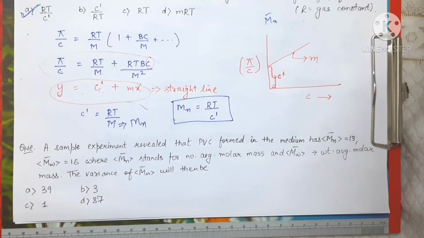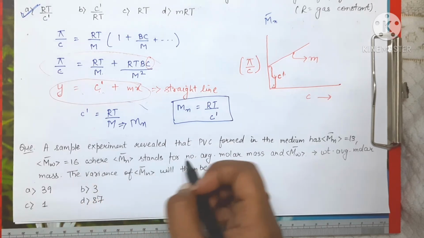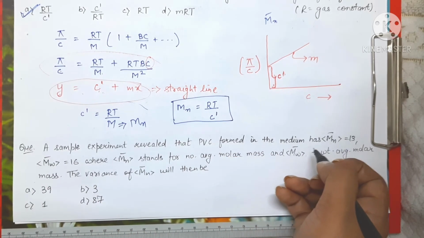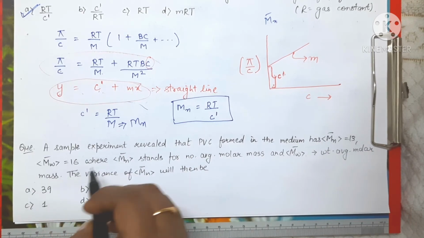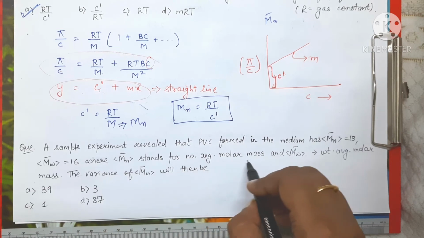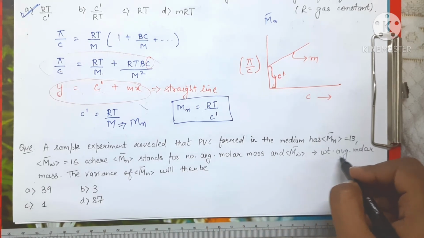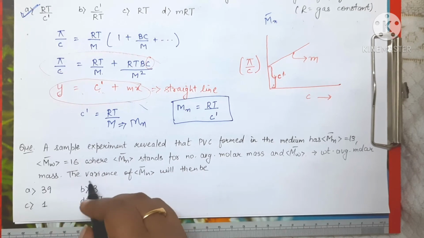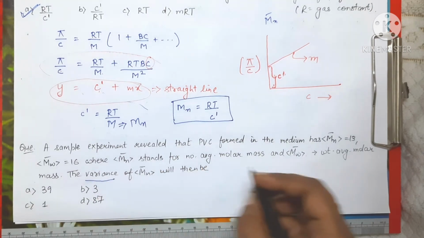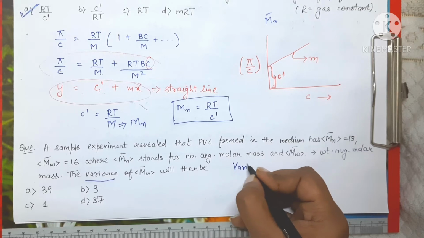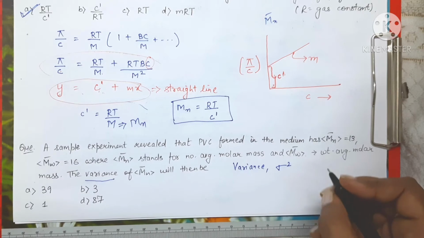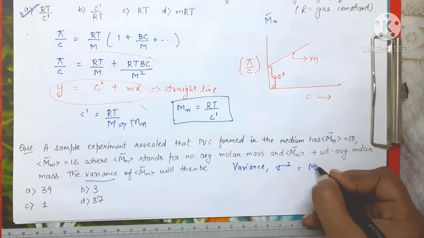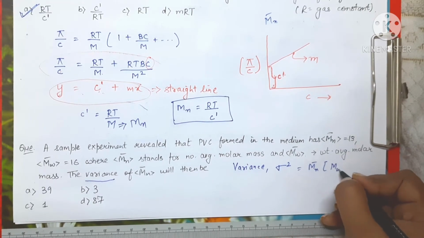The next question says that a sample experiment revealed that PVC formed in the medium has Mn equals 13 and Mw equals 16, where Mn stands for number average molar mass and Mw stands for weight average molar mass. So we have to find out the variance. Simply we have to apply the formula for variance, which is represented by sigma square, and that equals Mn into Mw minus Mn.